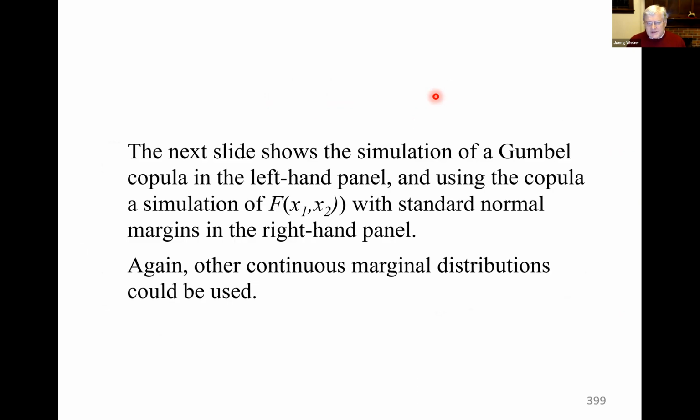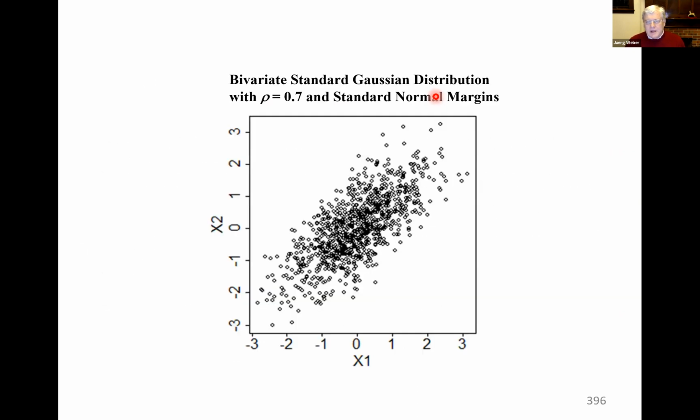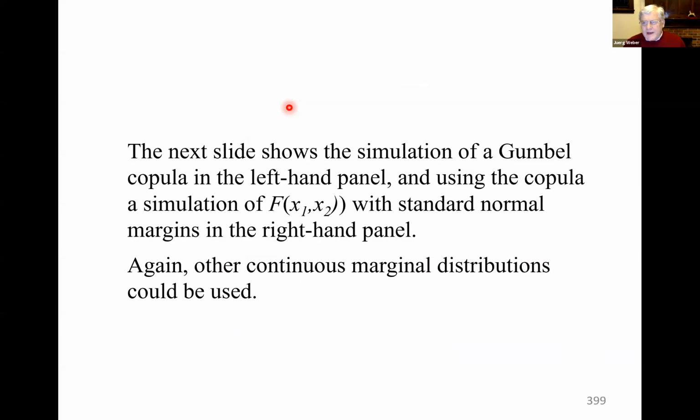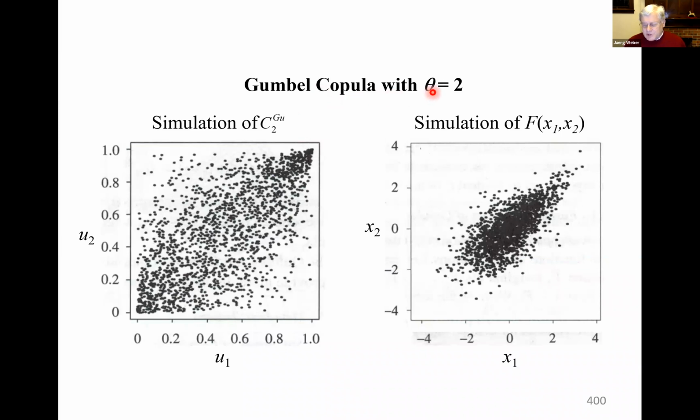Also, in the simulation of the Gauss copula, I assumed that the correlation is 0.7, which then is the parameter of the copula. Now, truly, you don't know. So you have to estimate those parameters. And so that's the next topic. How do we estimate those parameters of the copula?